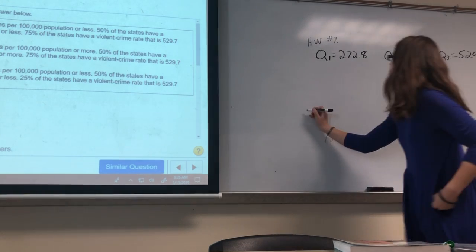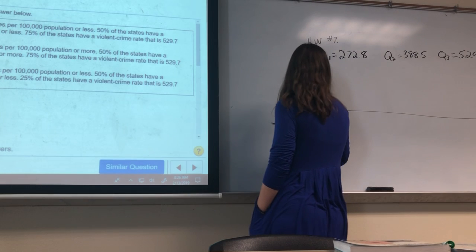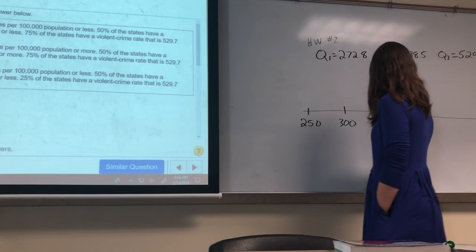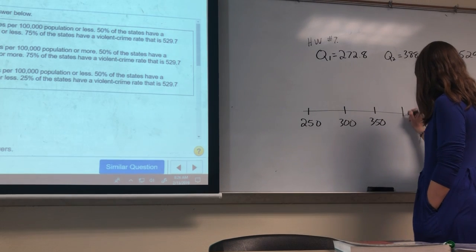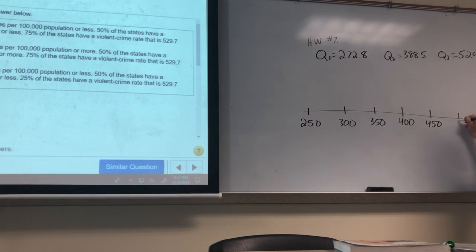and I put this on a number line, I'm gonna go up maybe by 50s. So start with 250, 300, 350, 400, 500, 550, and then label everything.